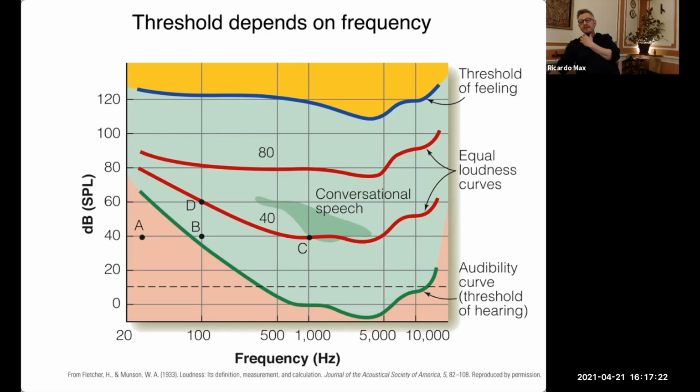Now let's say that you maintain the decibels, the amplitude, and you increase the frequency. Choose one of the decibels, one of these horizontal lines. You maintain the same decibel and you increase the frequency. Will it sound louder?